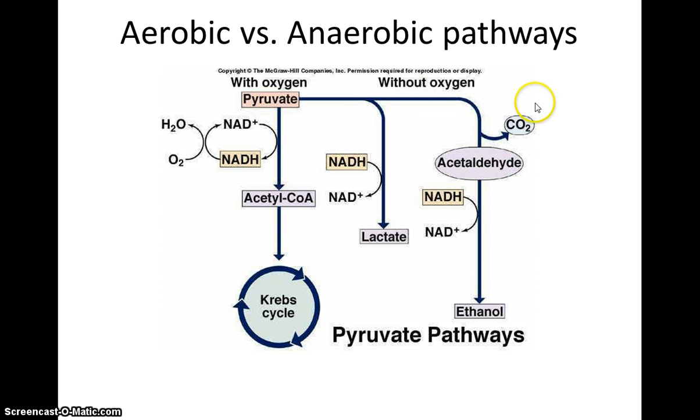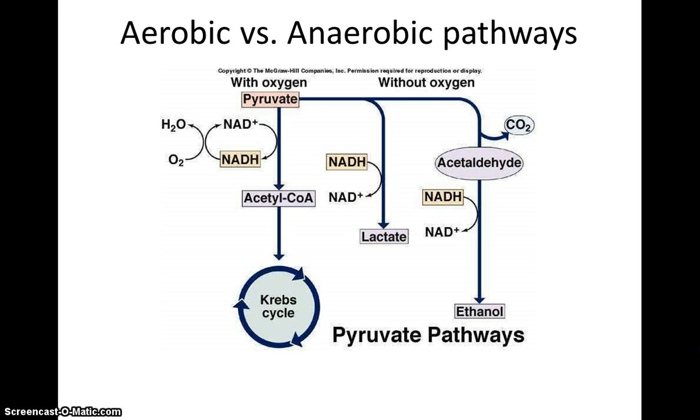Without oxygen, though, you're not going to continue to the Krebs cycle. Instead, you'll continue to either lactic acid, here the lactate, or the alcoholic fermentation pathway, depending on the individual organism. In both cases, you are using the NADH to directly power the fermentation, be it alcoholic or lactic acid.